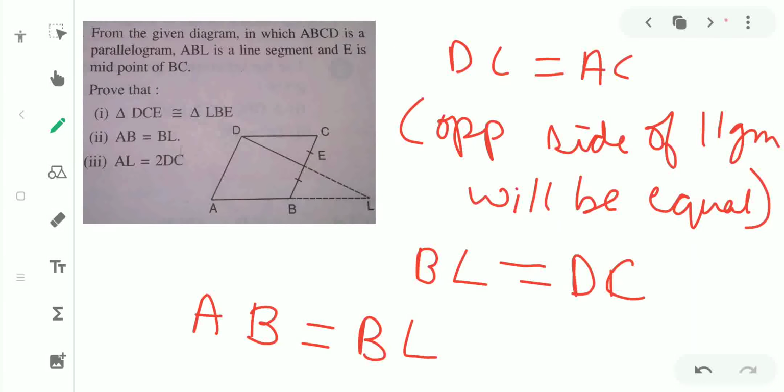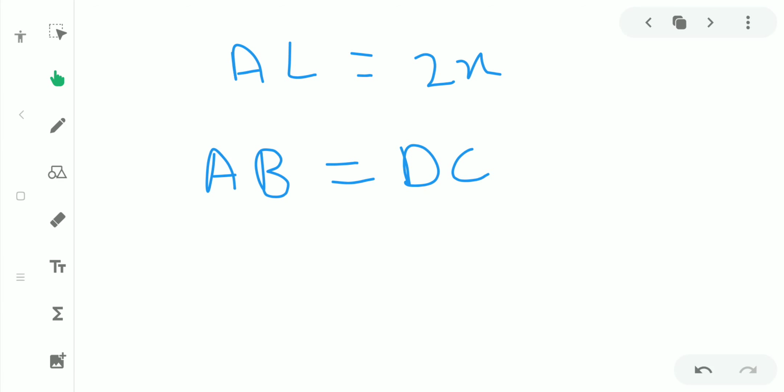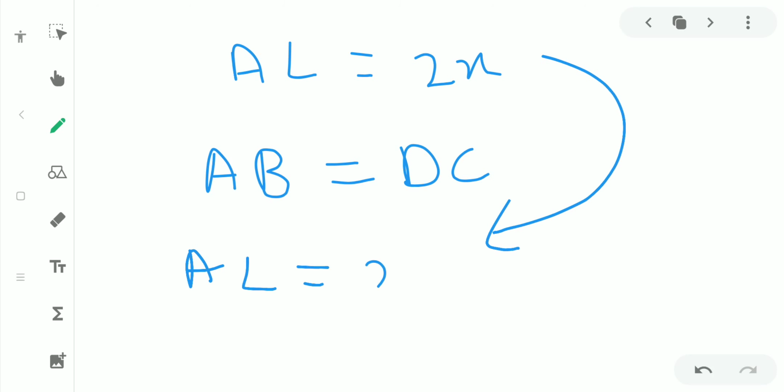So when AB is equal to DC, and we have X as AB, so if I consider X as AB, this equation I am writing here, AL is equal to 2AB.